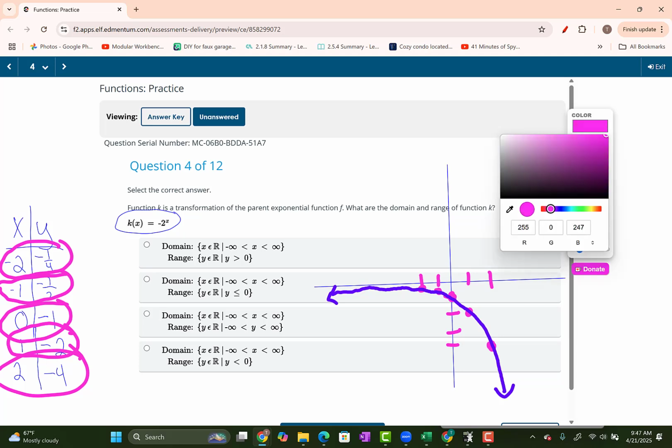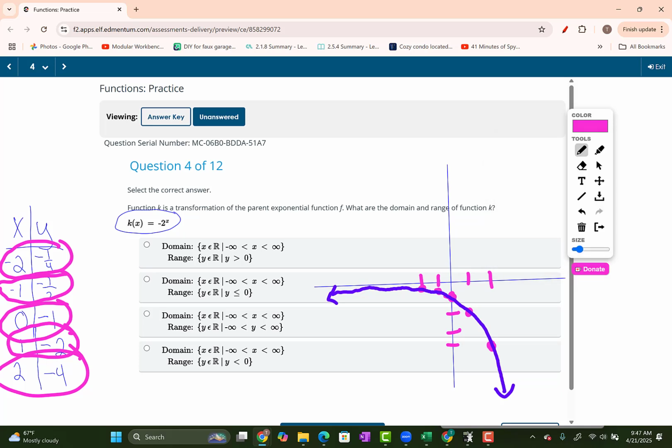So the range is the y values. And we'll notice our largest y value is -1/4. So that's less than 0. So we know it can't be this one because this says y is greater than 0. Could be this one, y is less than or equal to 0.